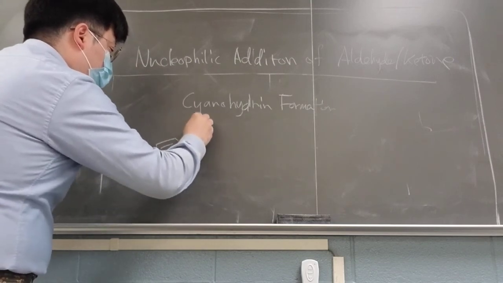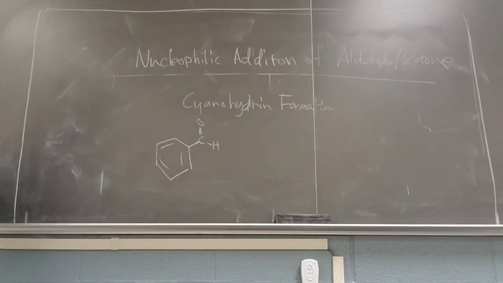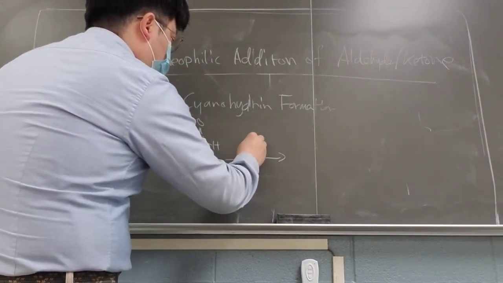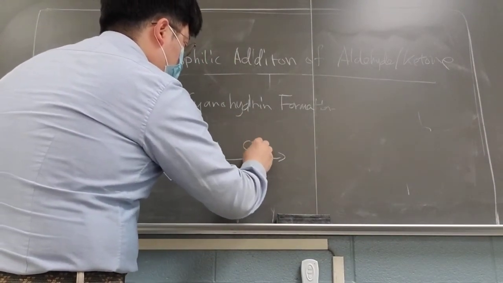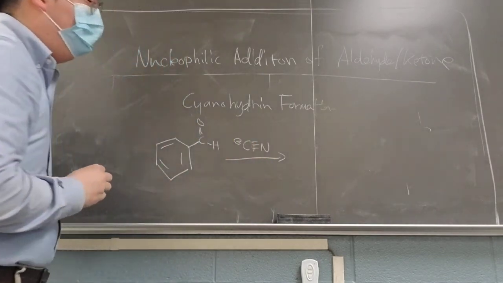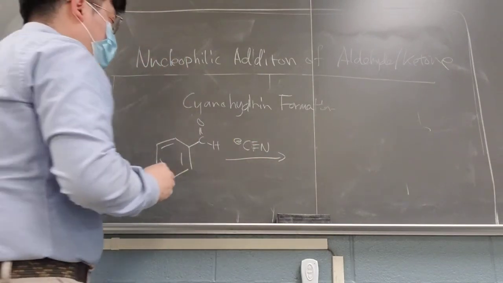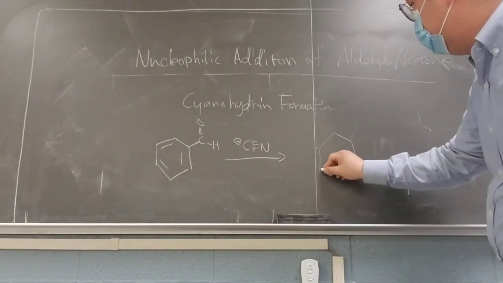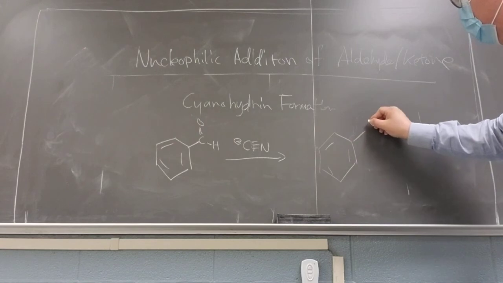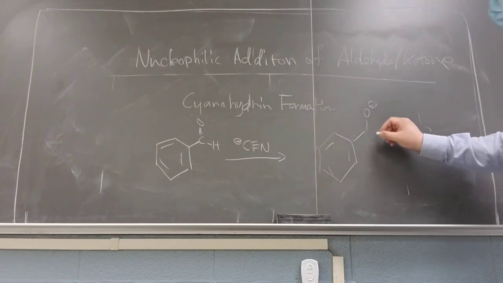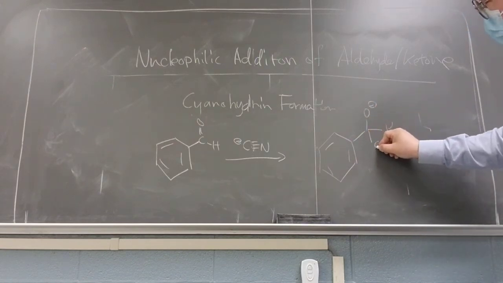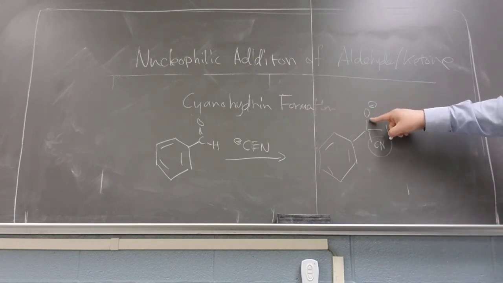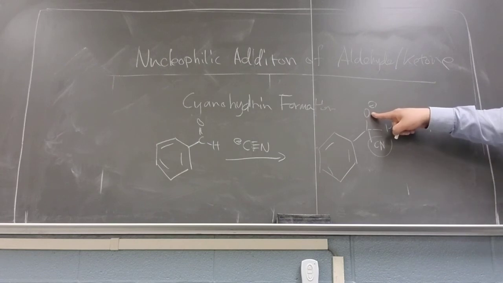So if you have this one, you know what this is, right? This is a benzaldehyde we learned before, and you can treat it with this one, the cyanide anion. What you can do is add it to there, and this will become negative. Once you have this group added to your carbon, the double bond will move to the oxygen, so it will be negative.